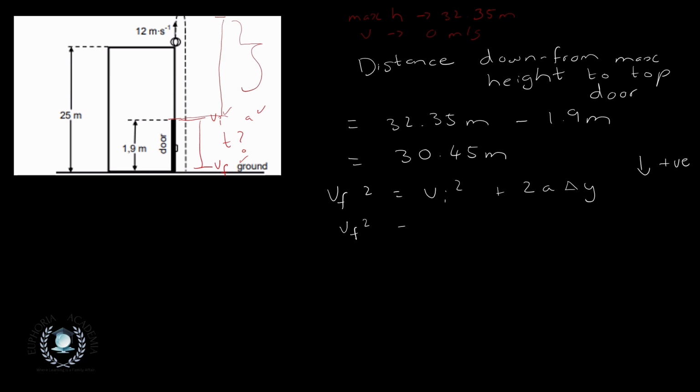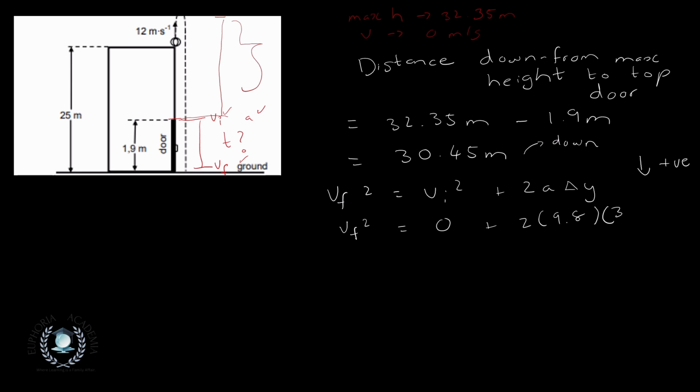Vf squared is equal to Vi, our initial velocity at this max height is 0, plus 2, our acceleration is pointing downwards, so that will be positive, and then our delta y, well, we're going downwards, right? This distance here is pointing downwards, which is also in the same direction as the acceleration.